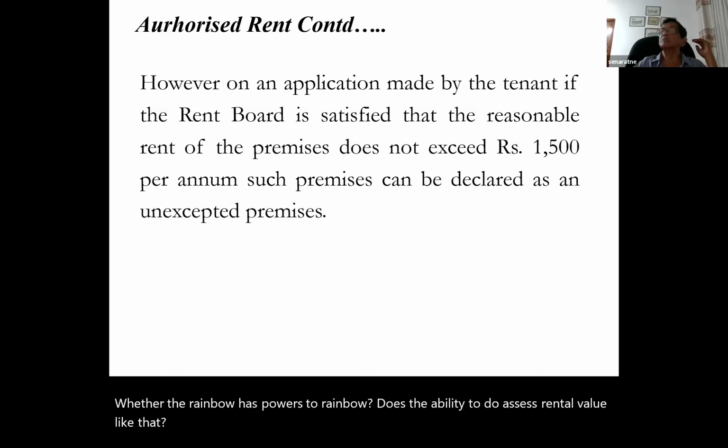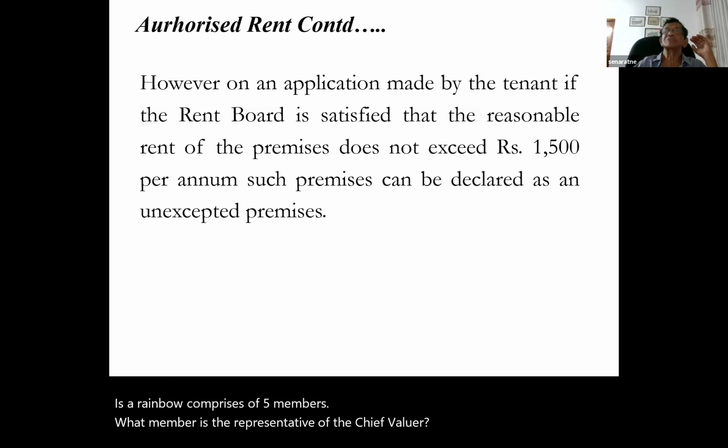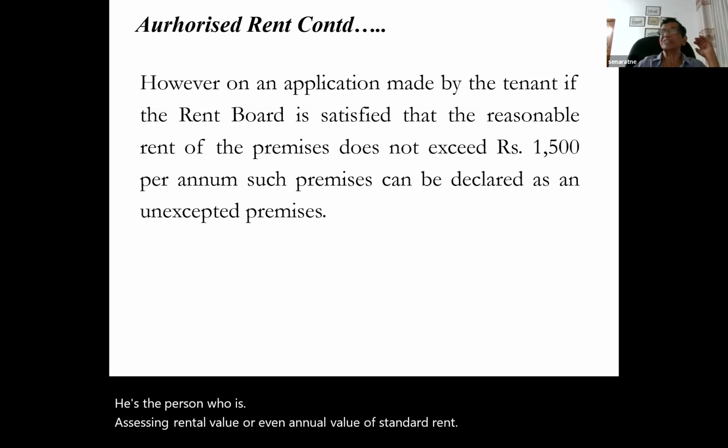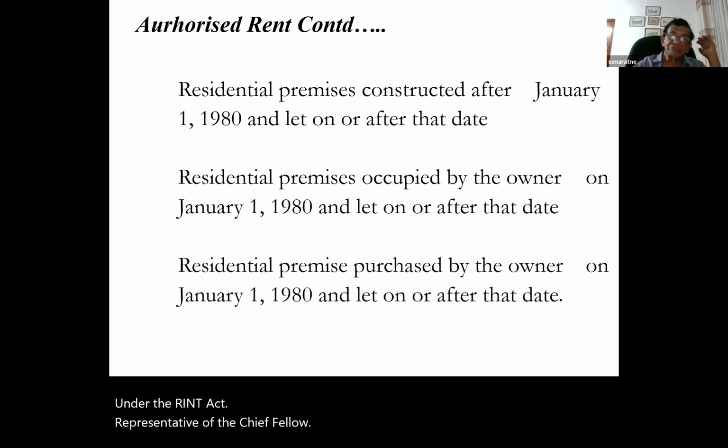How do they have it? Because a rent board comprises 5 members. One member is the representative of the chief valuer, government chief valuer. He is the person who is assessing rental value or even annual value or standard rent under the Rent Act. Representative of the chief valuer. Okay.